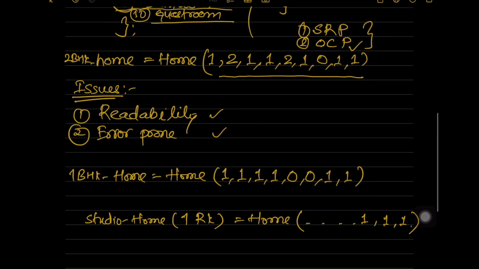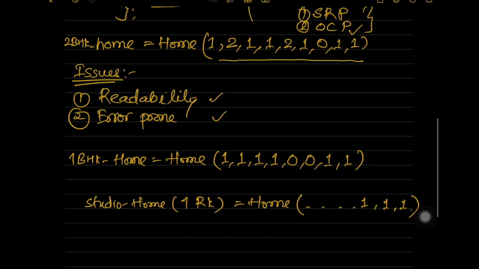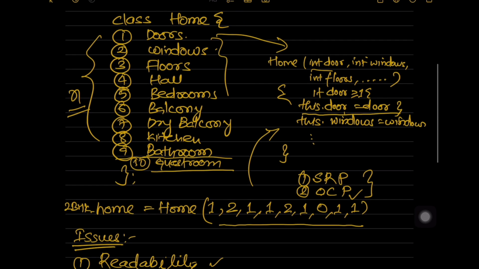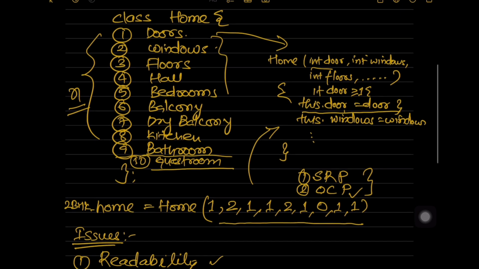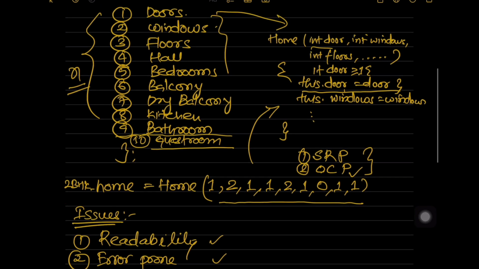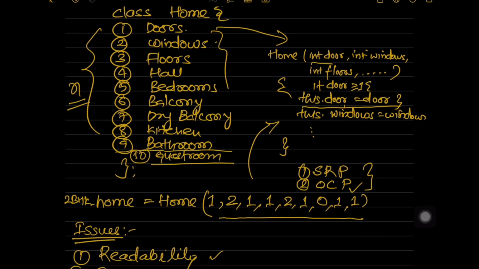So making such configurations, and if we have constructors for these combinations, you can understand how many constructors there can be. If there are n such member variables, and each one can be present or not present in a combination, then the number of combinations for constructors will be 2 to the power n, because each parameter can be either present or not present.